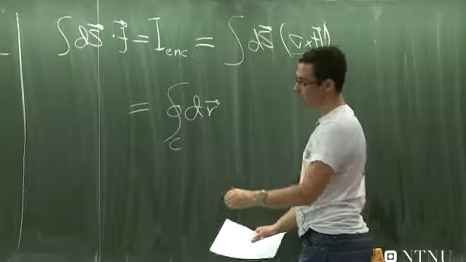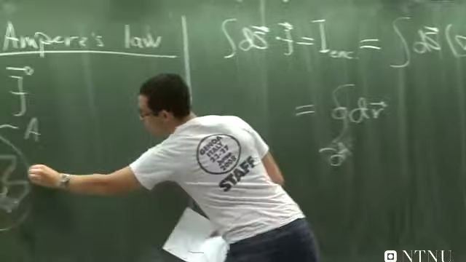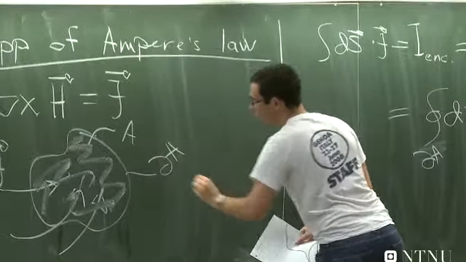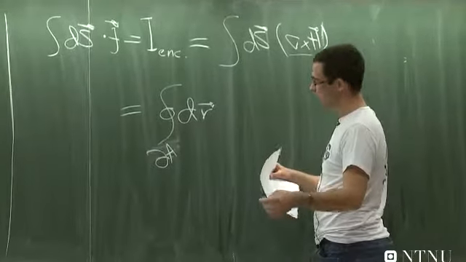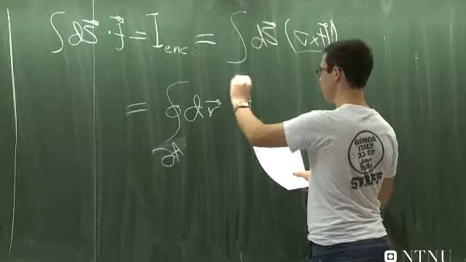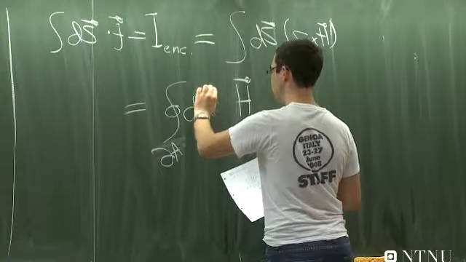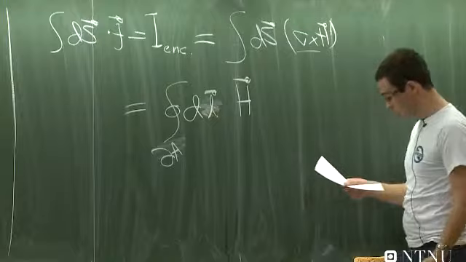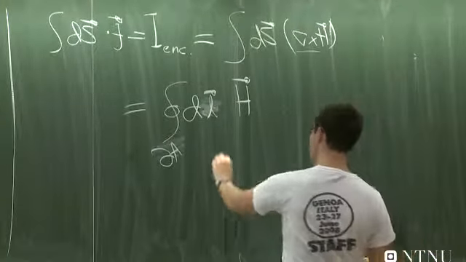I'm going to just call it C. That's the curve around the area, the edges of the area. And that is H, like this. This is the notation I used. Okay, so what we end up with in the end is the following.